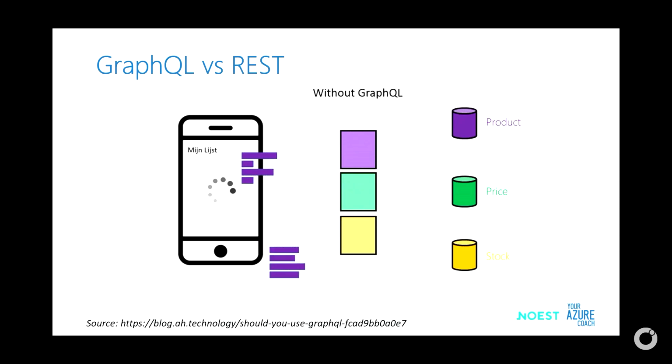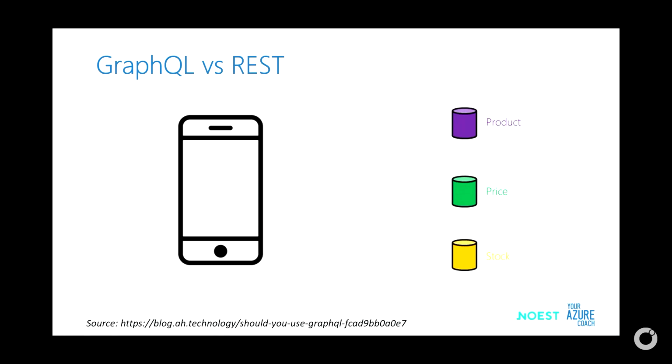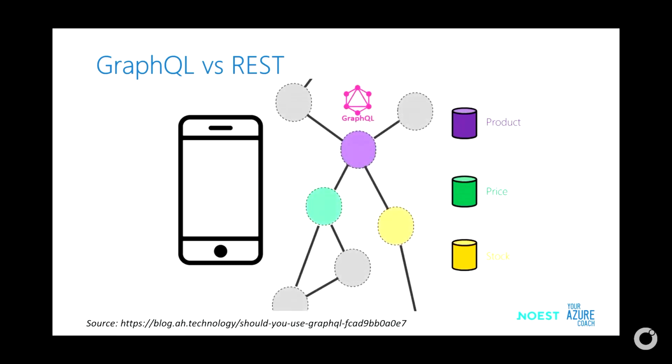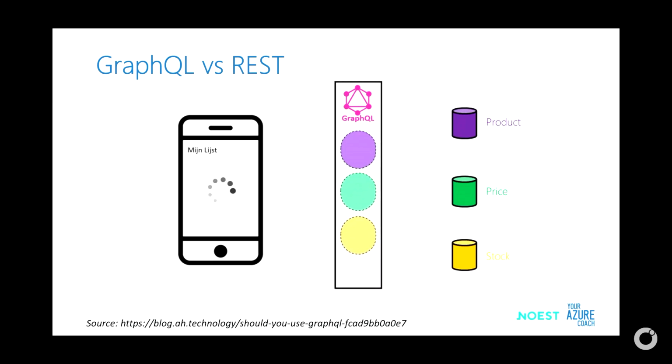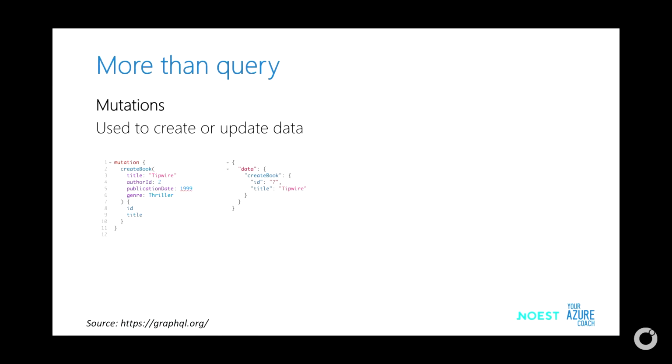It needs to go to the product API, and then go to the price API and the stock API, assemble all that information, and make it a nice shopping basket to see how many things we have in stock, and so on. With GraphQL, that kind of orchestration is done by a gateway in between. So a GraphQL gateway in the middle. And you just do, as a client, one call to the gateway, and the gateway will do that orchestration and data fetching for you. You see it only fetches the data that you requested and nothing more. So this is a little bit more optimized and easier from a client's perspective.